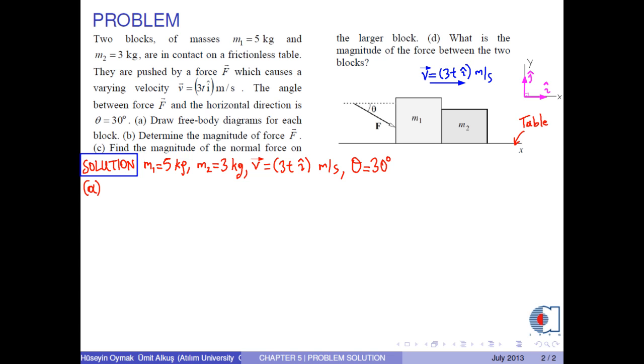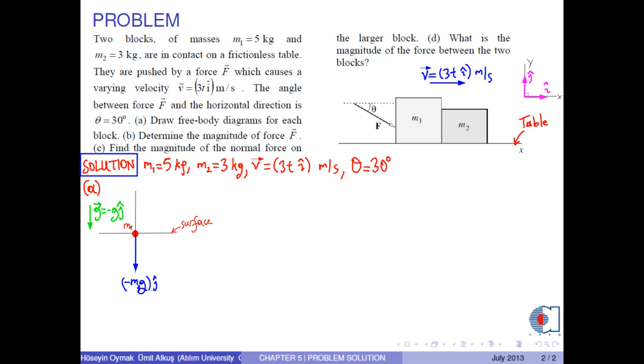A. Draw the free body diagrams for each block. For mass M1, first of all, we represent mass M1 by a big dot. Now we can draw the forces on the block. The first force is the gravitational force due to the gravity of Earth.